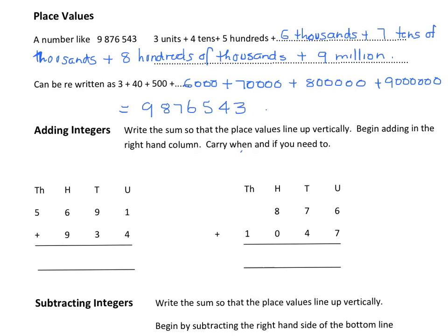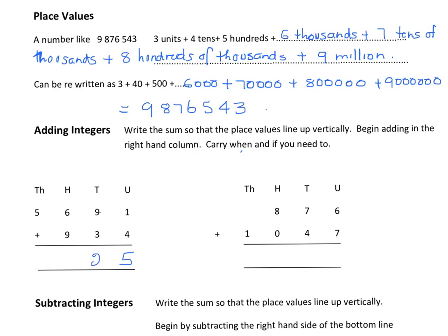So let's begin with the first one. That's this one over here. 5,691, add 934. Beginning in the right-hand column, that is the units column, the 1 and the 4 is 5. Now we do the addition for the tens column. 9 plus 3 is 12.